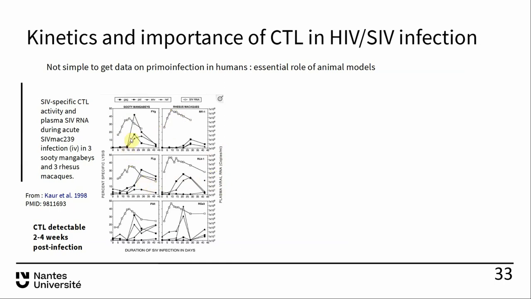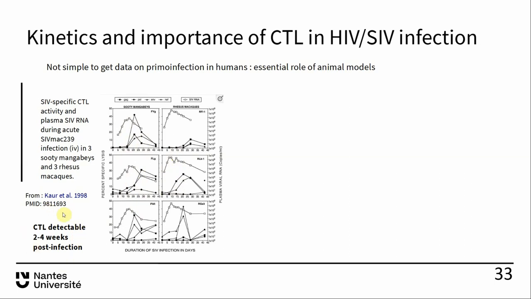And the different dark lines here are CTL responses. So you can see that pretty much in every case, well, 5 out of 6 in any case, you've got the peak of viral load and it starts to go down just as you get the CTL response that's kicking in 2 to 4 weeks post-infection.